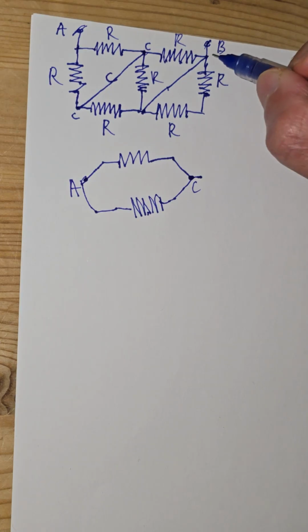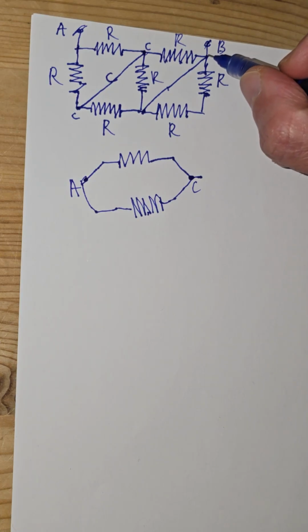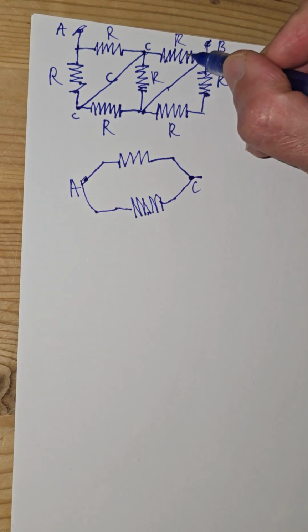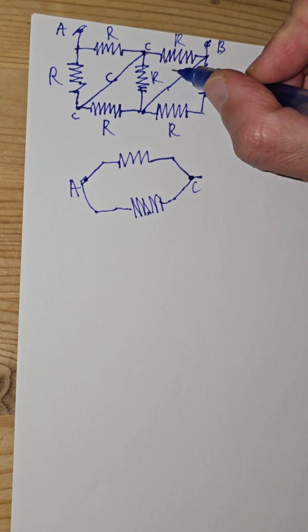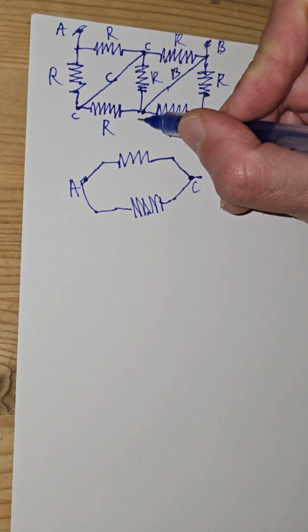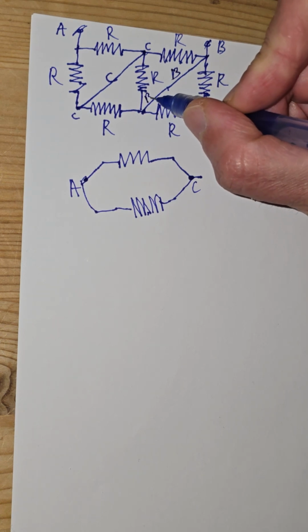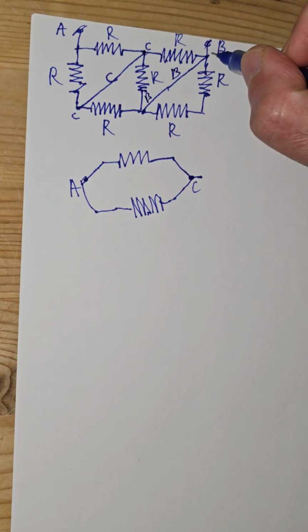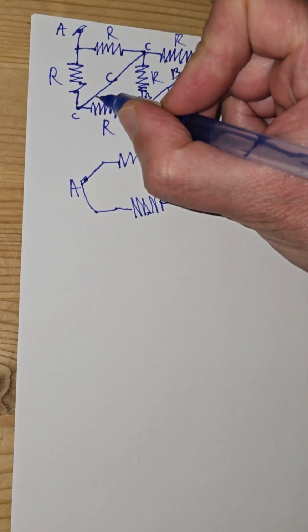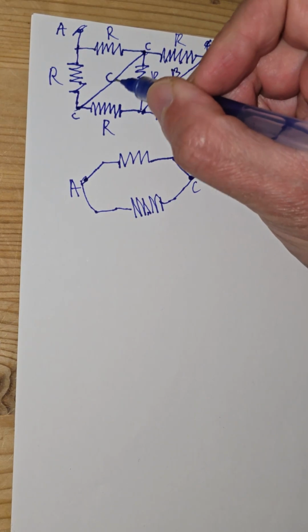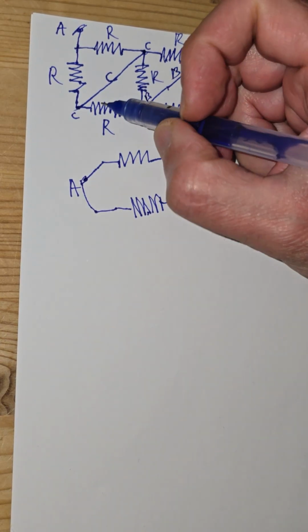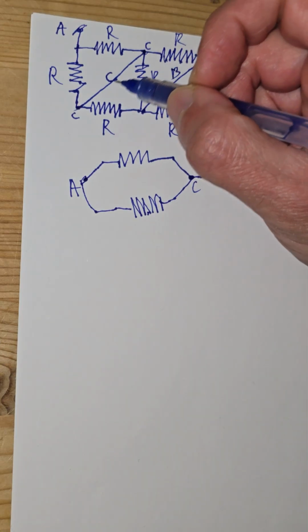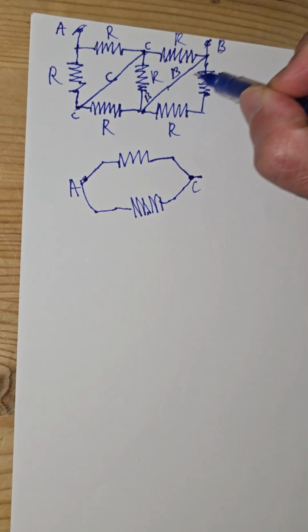And what about this one here? If this is C, let's denote this one as B, and this also B. As I told, everywhere here the potential is the same. So any point on this diagonal wire can be considered the same, and here as well.